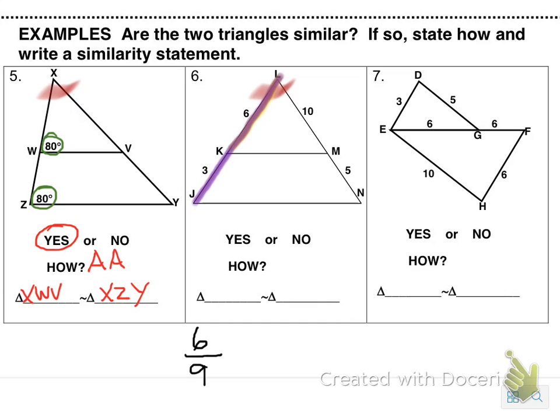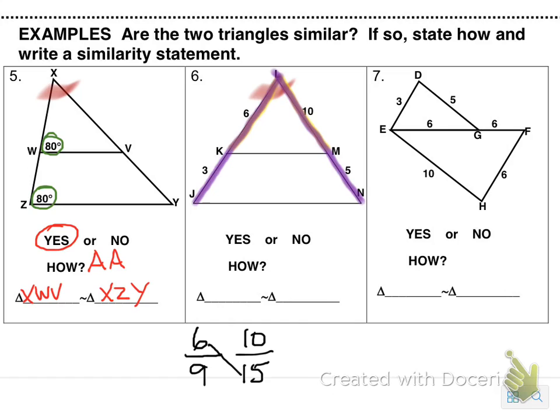Then we can write a ratio using the segment or side LM, which has a value of 10, and the corresponding side in the large triangle LN has a length of 10 plus 5 or 15.